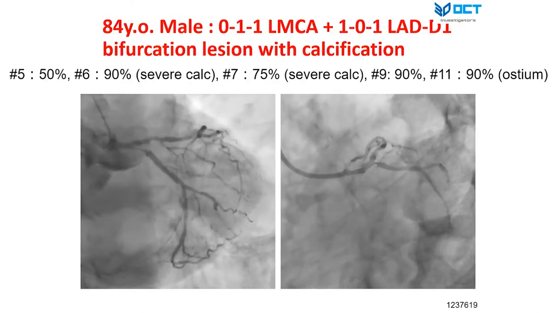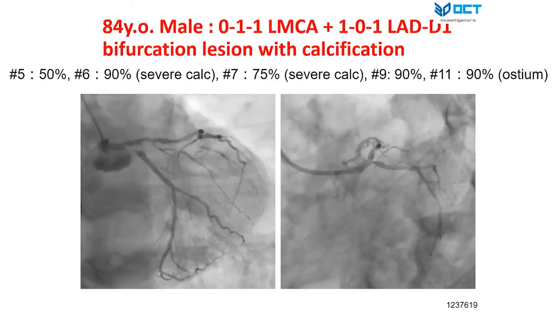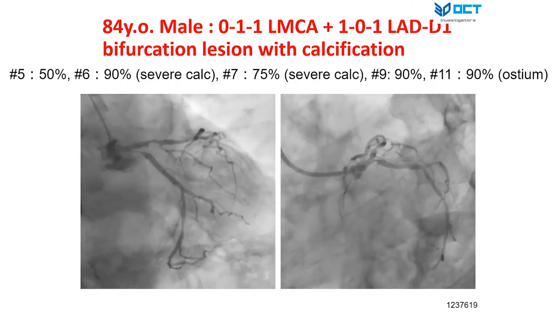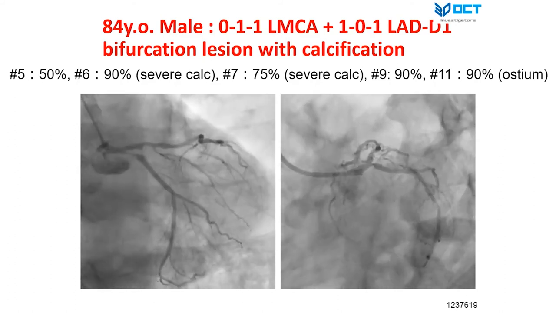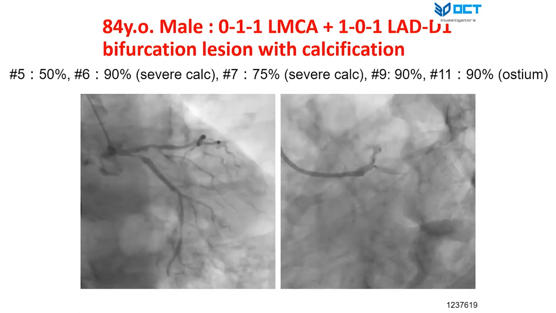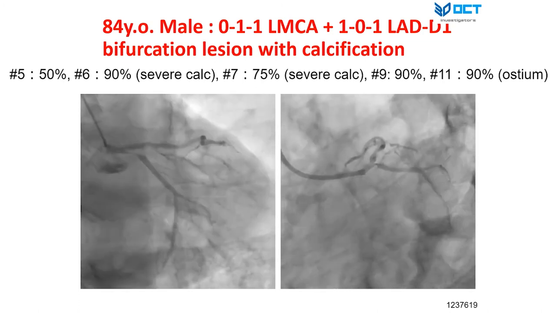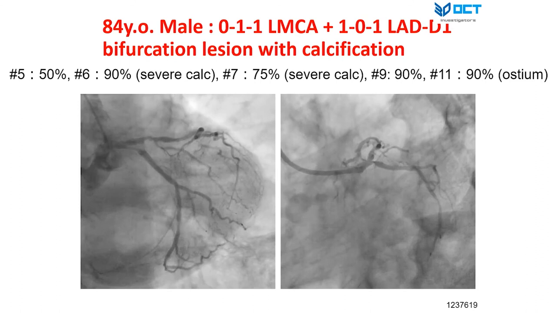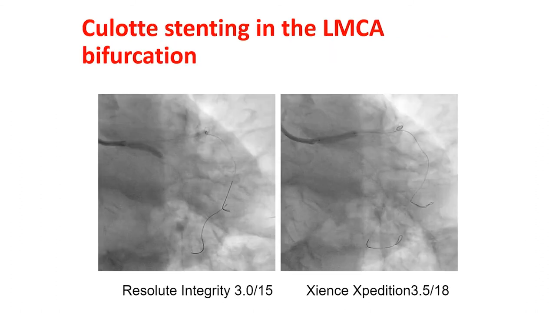This is an actual clinical case where 3D OCT guidance worked effectively for appropriate guidewire recrossing in two-stent technique. We treated this complex true bifurcation lesion in the left main. We deployed two stents with the culotte technique in both branches.